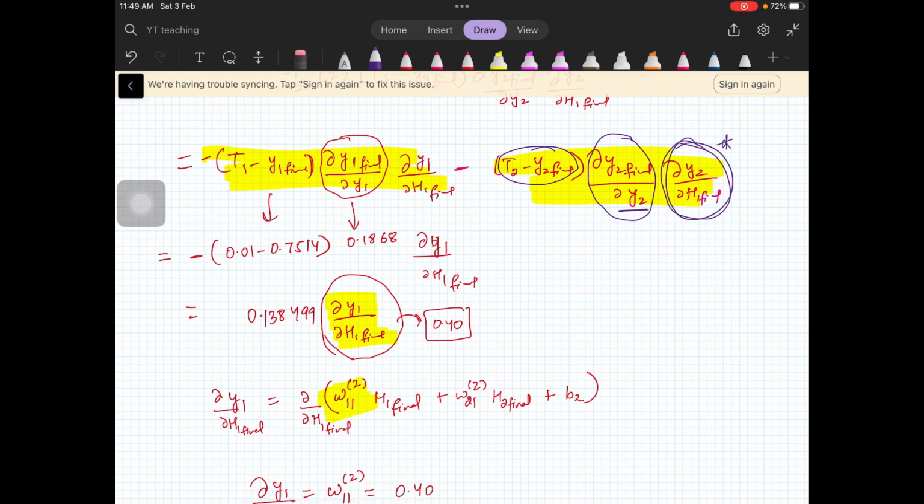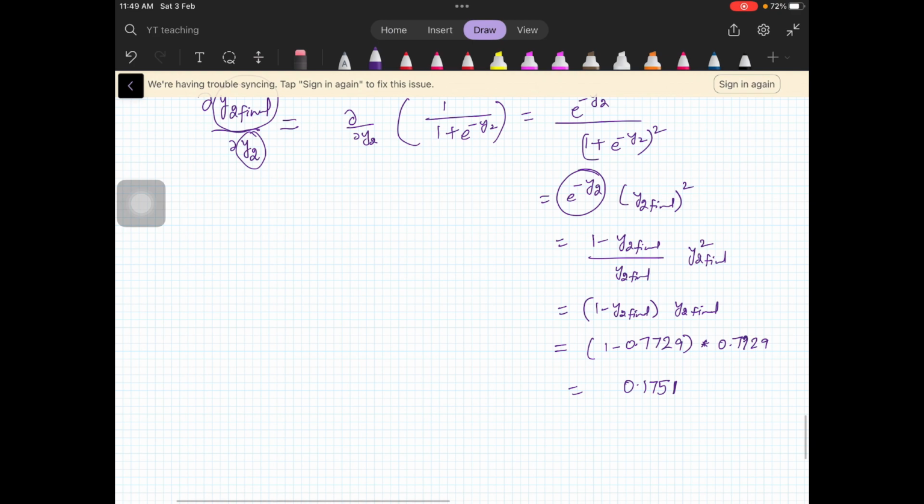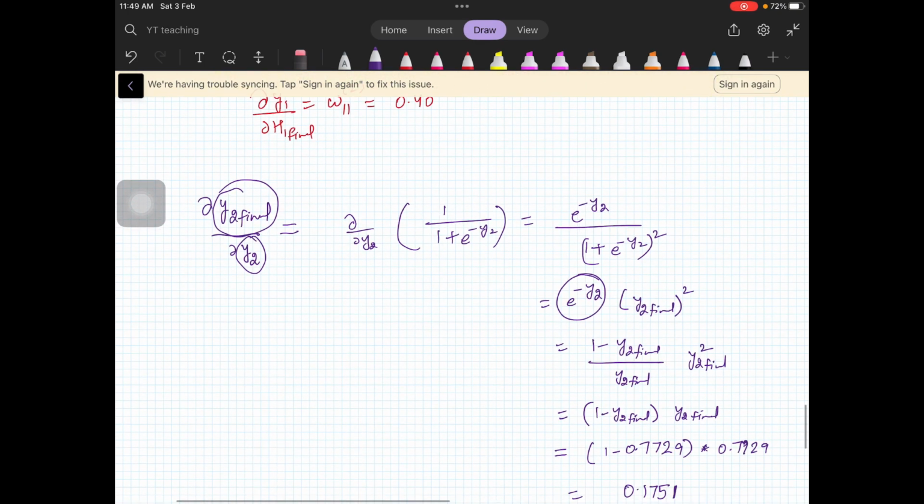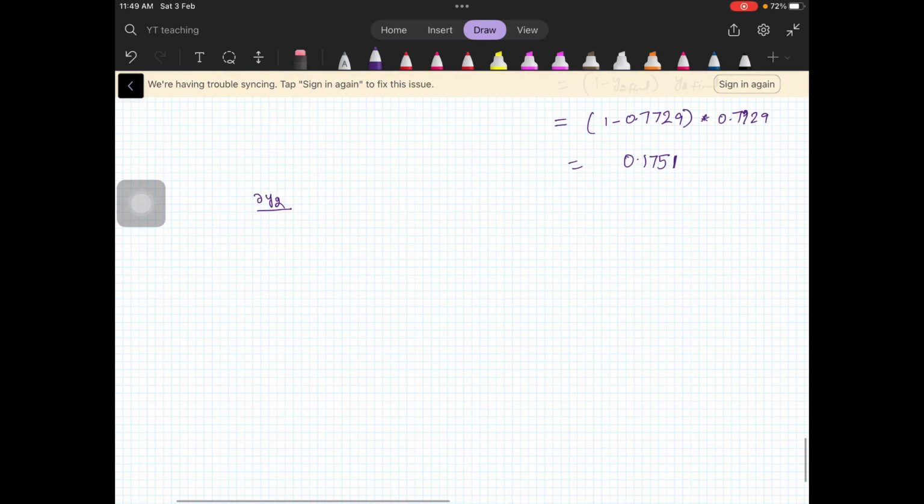Okay, and then let us look at this term here. ∂Y2 by ∂H1 final, that is also very easy. So what is that? Now you think about how Y2 is being constructed.